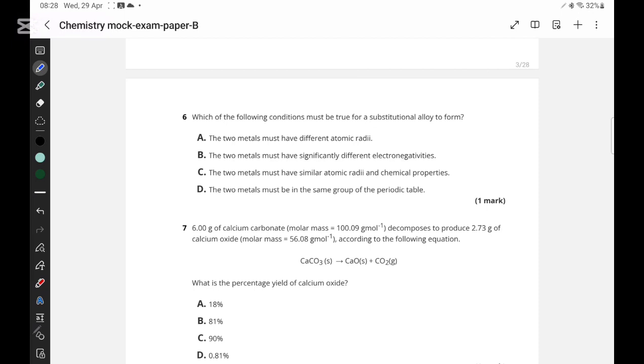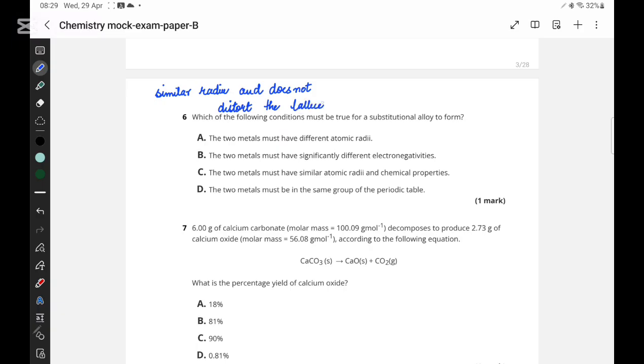Which of the following conditions must be true for a substitutional alloy to form? For a substitutional alloy, you need to remember one thing here, that they are going to have almost similar atomic radii, and when they are mixed together, they do not distort or disturb the lattice structure.